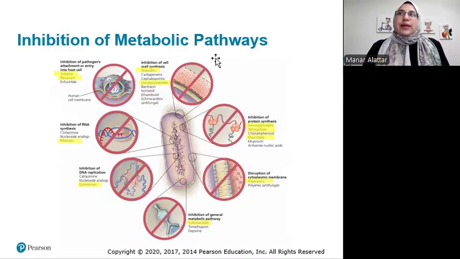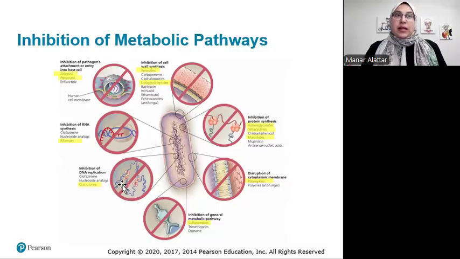So we've talked about antimicrobials that inhibit the cell wall, particularly the synthesis of the cell wall, and the cell membrane. We've talked about antimicrobials that inhibit production of DNA and RNA. We've talked about antimicrobials that inhibit protein synthesis. Now, let's talk about antimicrobials that inhibit specific enzymes or proteins within metabolic processes within the cell.